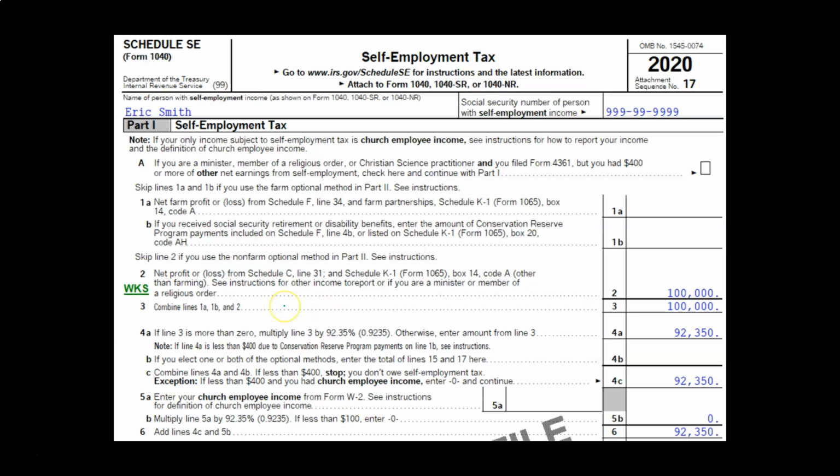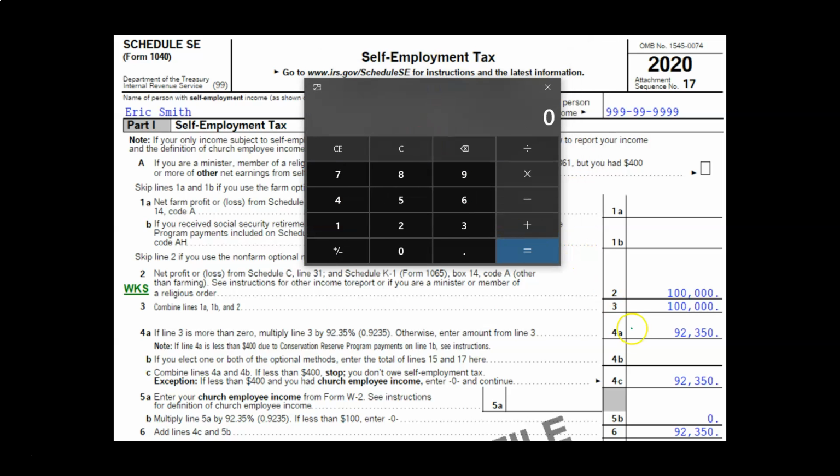See instructions for other income to report, or if you are a minister. Okay, so there's our $100,000, and then for line 4a, if line 3 is more than 0, multiply line 3 by 92.35%, or 0.9235. So here's the little quirk in the system, where we're basically reducing the income from the Schedule C to 92.35%.